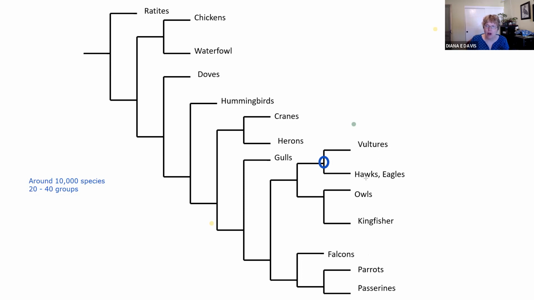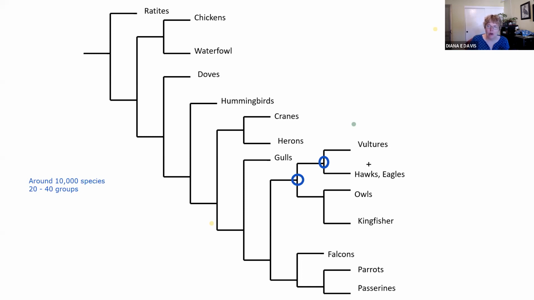So vultures, hawks, and eagles had a last common ancestor right here. If we want to talk about their relationship with owls, we go further to the left before we find a common ancestor. Again, every time we see one of these intersections, that's a common ancestor.